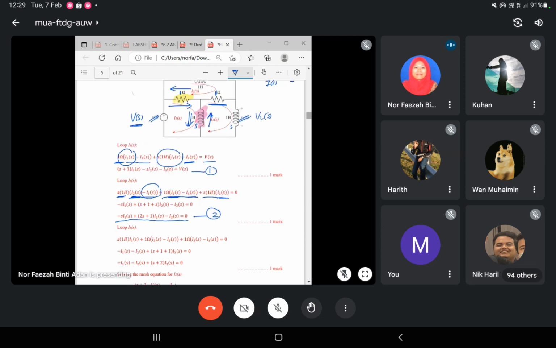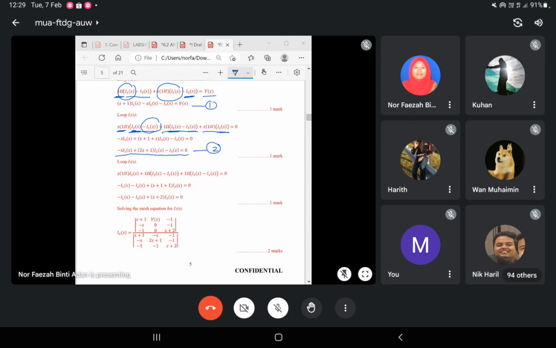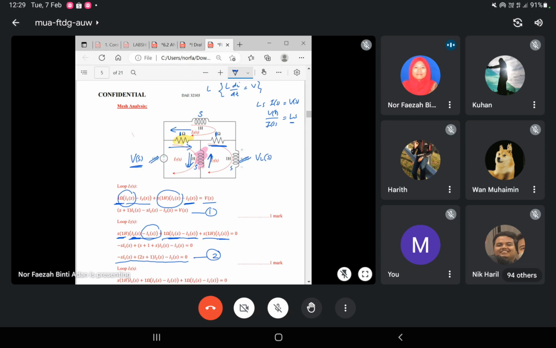Ikut susunan yang proper. Okay, next one loop number 3. So tengok loop number 3 yang belah atas. Again, dia tak ada power supply, so the equation should equals to 0 lah. Dia ada 2 resistors, 1 inductor. So we start with the inductor. Dia cuma ada I3 saja that flows through it.